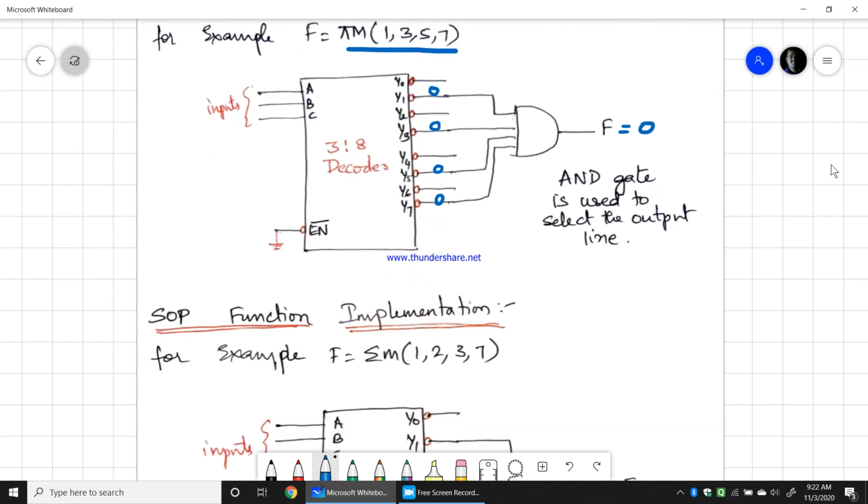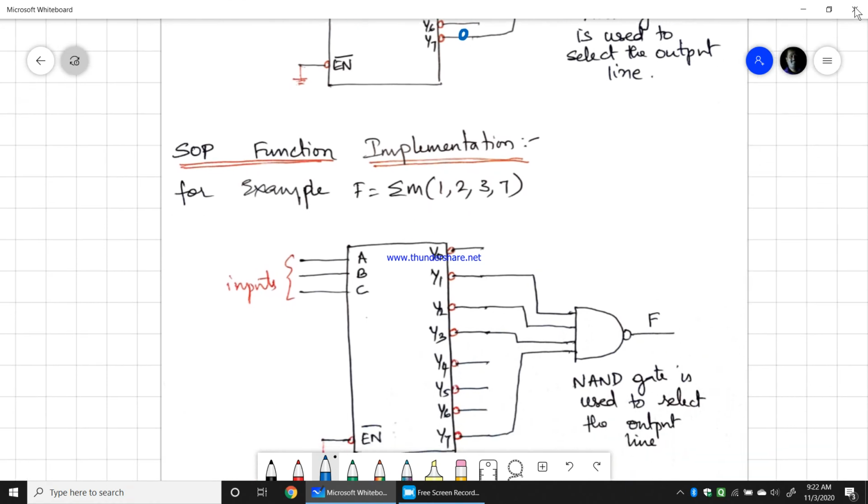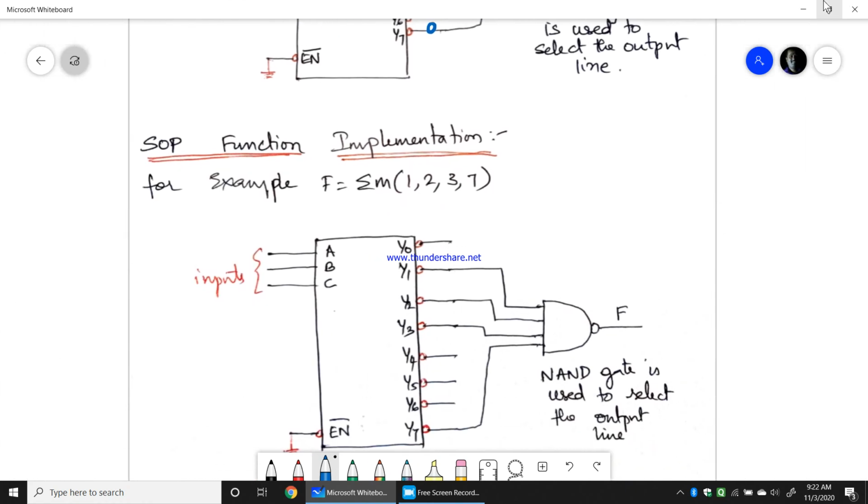If I am using the same active low output lines for SOP function implementation, the output lines of this IC with active low outputs will give me 0 here, 0 here, 0 here, 0 here. Outputs 1, 2, 3, 7 will be 0.